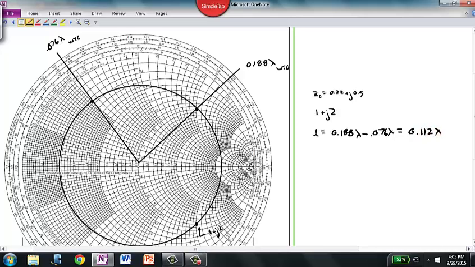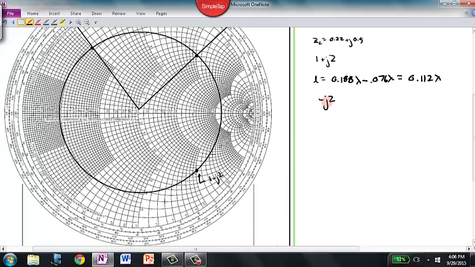So if we insert a capacitor of minus j2 at a distance from the load of 0.112 lambda, we would cancel out the normalized inductance here.